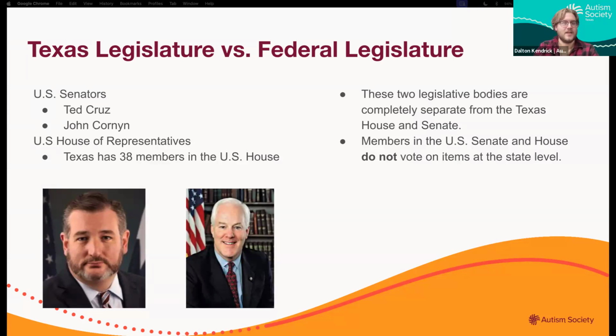Alrighty, sorry about that. Like I mentioned, people at the federal level don't have an influence on the state level and vice versa. So you wouldn't go ask one of our local members of the House of Representatives at the state level to vote on a bill at the federal level, and vice versa.